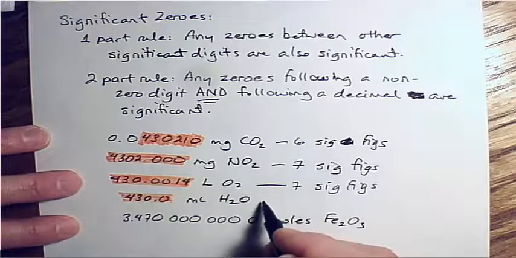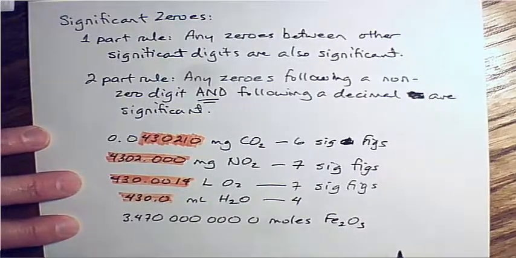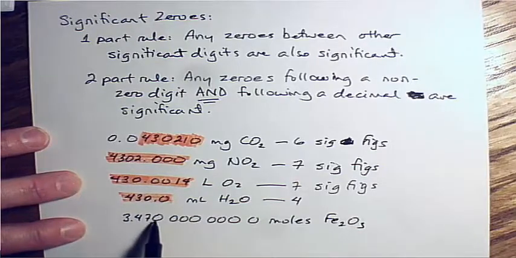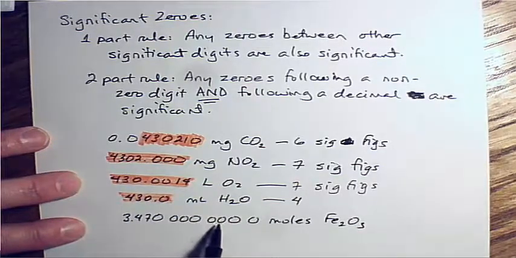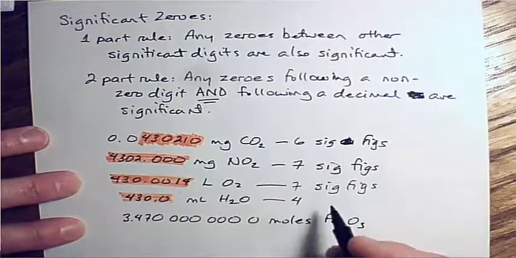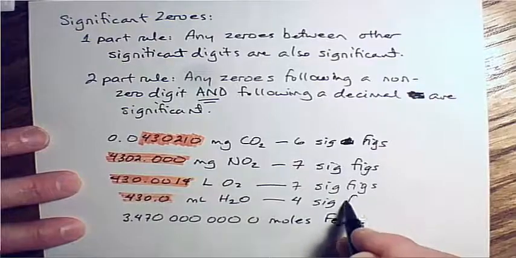How many significant digits here? What did you say? All of them. Okay. So I got 1, 2, 3, 4, 5, 6, 7, 8 trailing zeros that are all significant because they follow a decimal place and a non-zero digit.